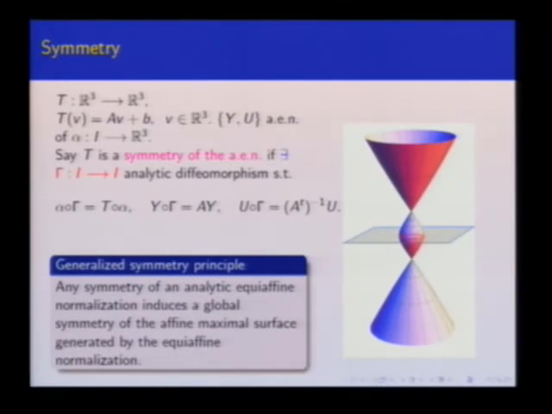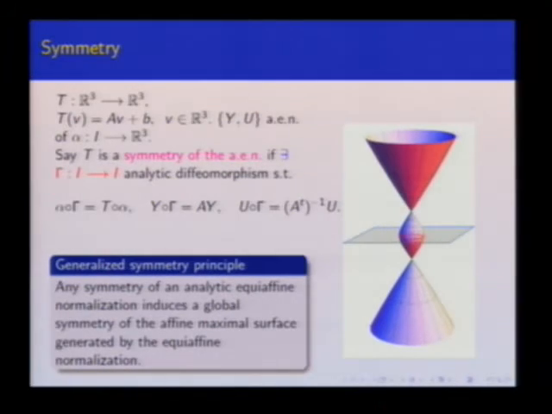In that sense, it is possible to get an analytic diffeomorphism such that this expression here holds. It is not difficult to see that the uniqueness in the above theorem gives us that any symmetry of an analytic equiaffine normalization induces a global symmetry of the affine maximal surface generated by the equiaffine normalization.